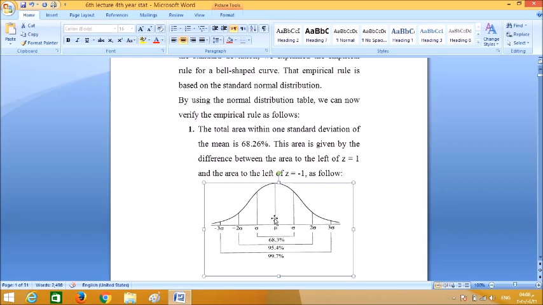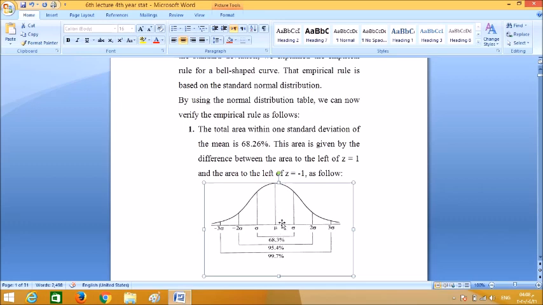The third rule is that the area under the distribution between 3 sigma and minus 3 sigma equals 99.7%.